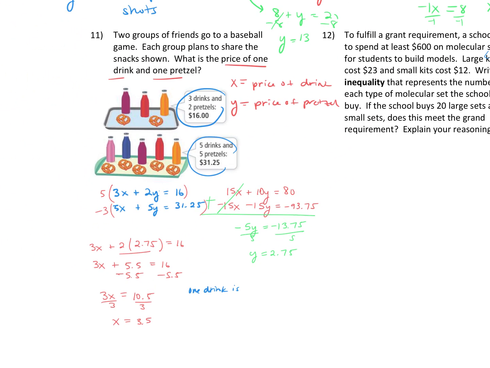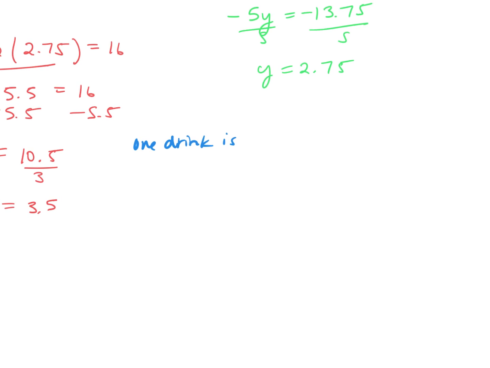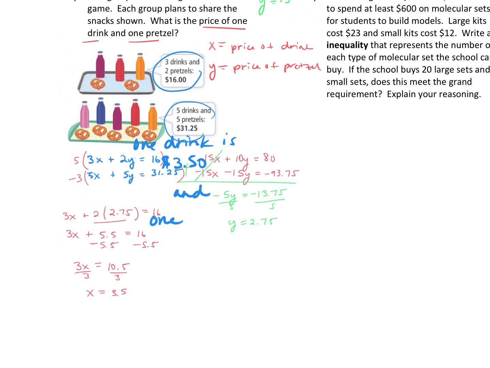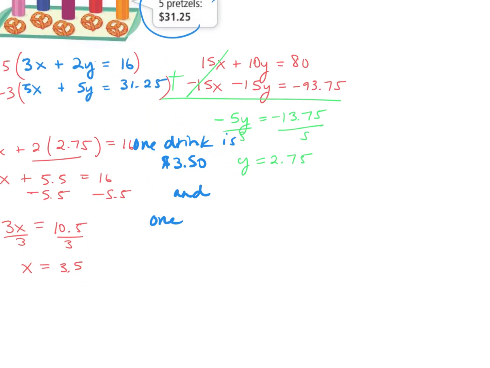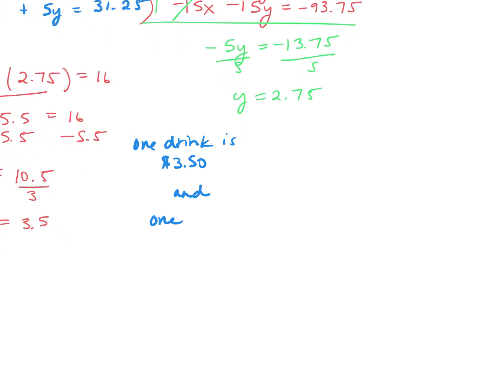Our drink was our x's, right? So that was our 3.5. And one pretzel is 2.75. And we have answered the question.